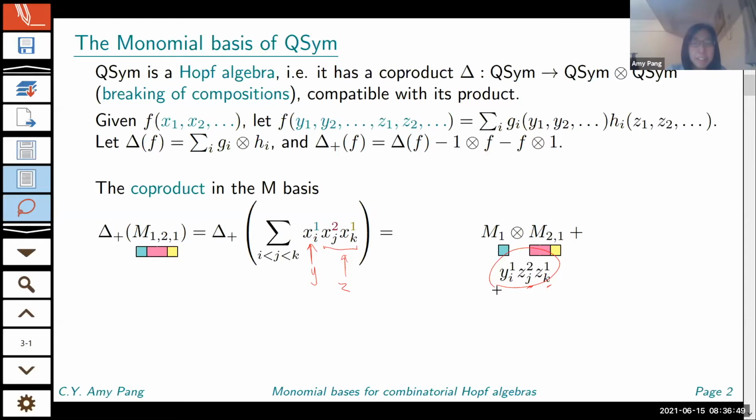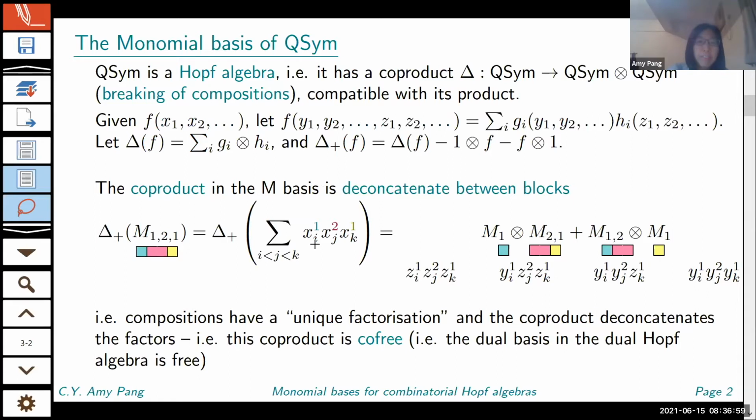Okay, so that's one of the possibilities, that the first is a y and the others are z. There are some other ones, like I can make the first two into y's and then the last one can become a z. So then that gives me m12 and m1 as the things in the coproduct.